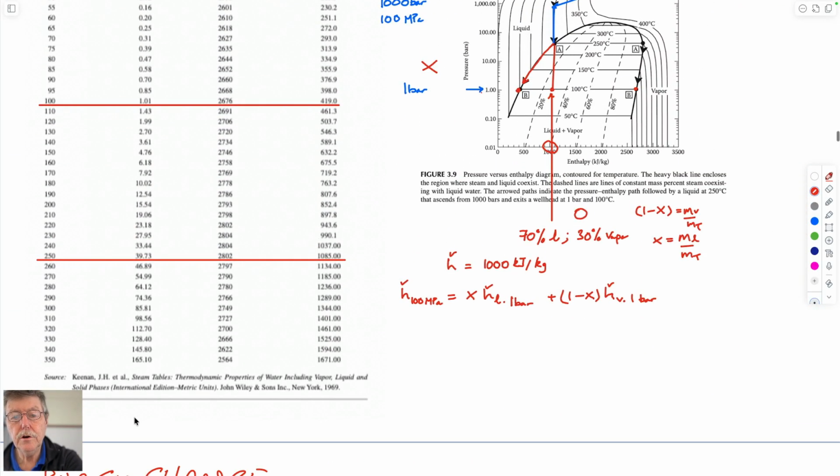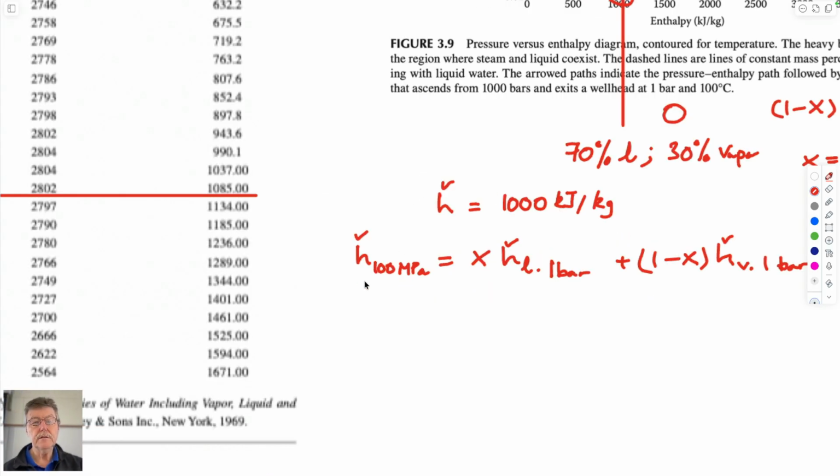And so if we know what the enthalpy is at depth in the reservoir, if we know what the enthalpy of liquid water and steam is, I know it just disappeared, if we know what each of these are, and if we know what this is in the reservoir, we can go and we can calculate the relative proportions of gas and liquid in the reservoir.